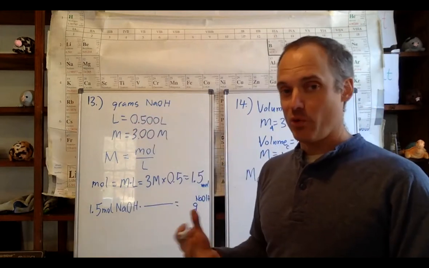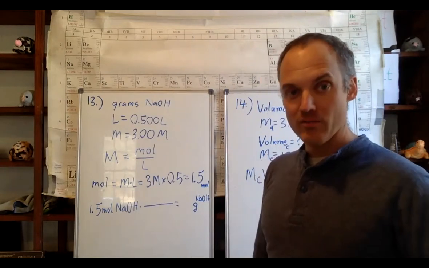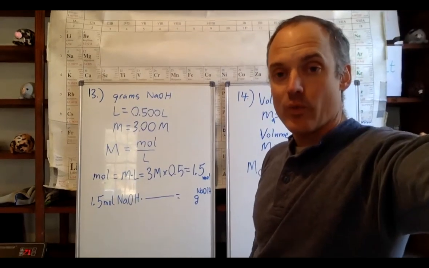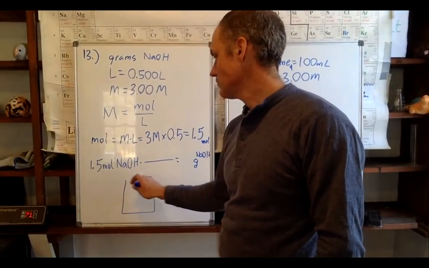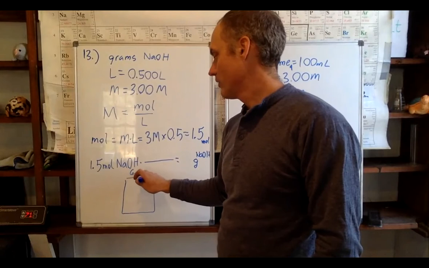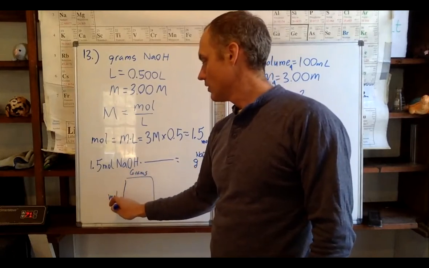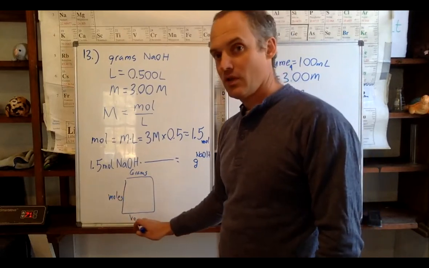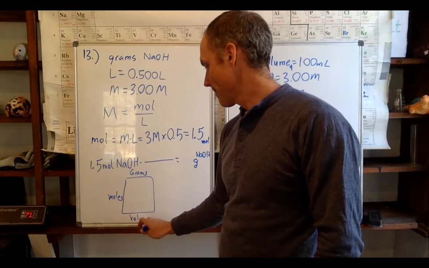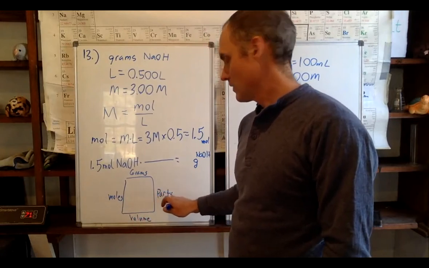So to convert from moles to grams, we use the conversion that we talked about before. If you remember when we did mole conversions, it was grams, moles, volume, and parts.